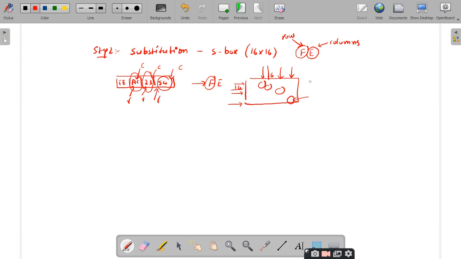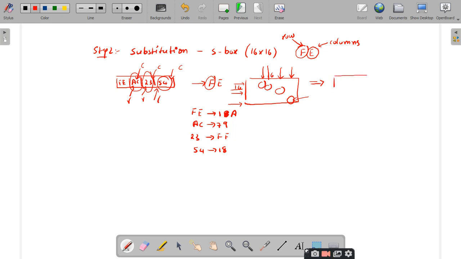Yes, sir. So after substitution, let us assume that FE is substituted with 1B. This is just an assumption. We have to go to the actual S box and find the values, but right now I am just taking an example. Assume AC is replaced with 79, 23 is replaced with FF, 54 is replaced with 18. Let us take FE as 1A, nothing wrong in it.